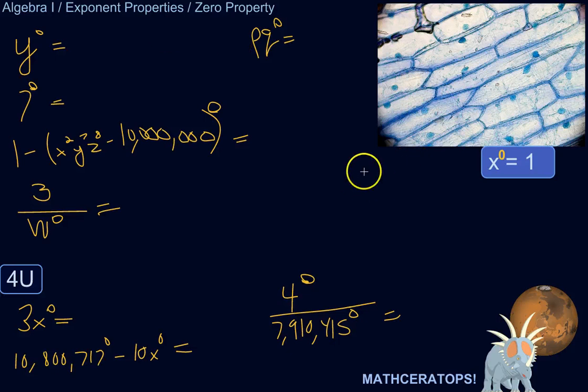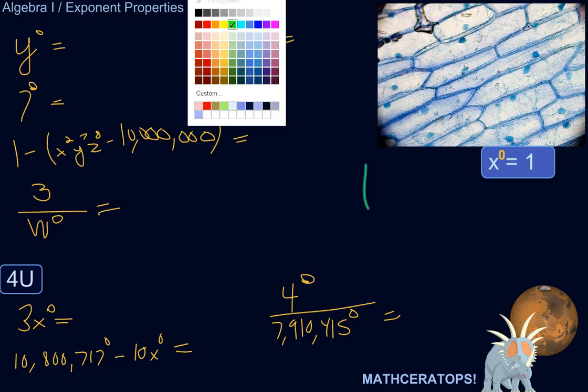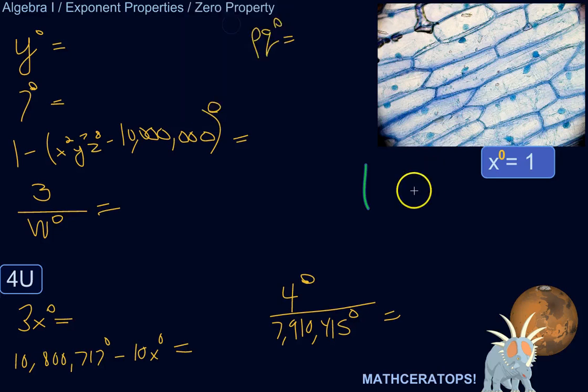So let's start with 1. There we go. We can all agree on the number 1. What is a way to rewrite the number 1 as something else with exponents in it?